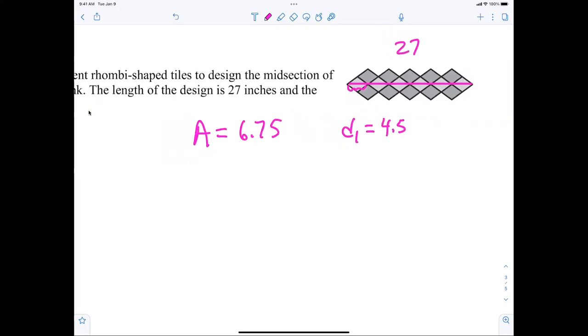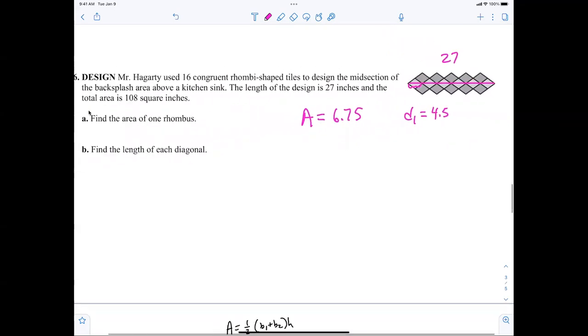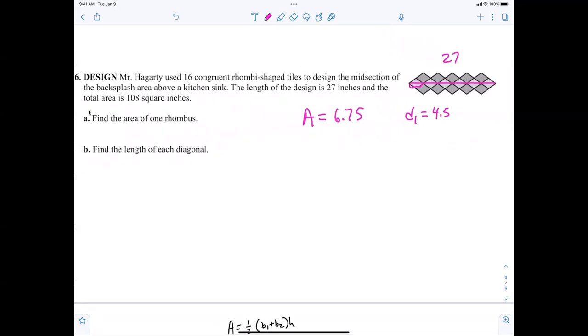Right? So what are we missing now? Diagonal number 2. Diagonal number 2 is a big question mark. What's the formula for area of a rhombus? 1/2 diagonal 1 times diagonal 2.